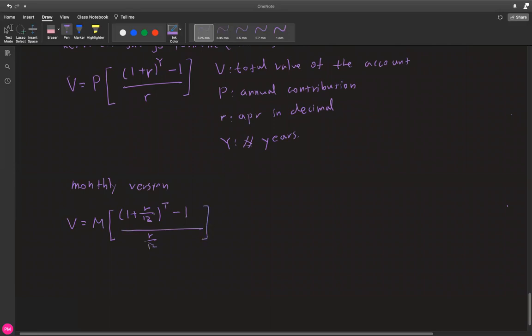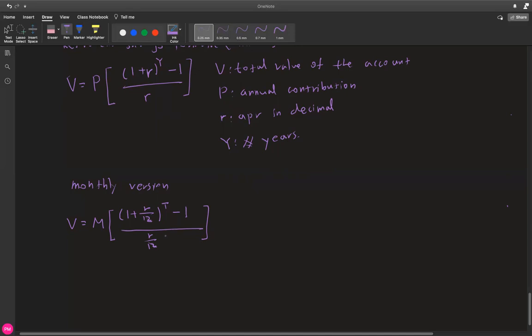So here you can simply write R divided by 12 as just the lowercase p, as periodic interest. I just wrote that because it's a monthly version. We're not going to talk about daily or weekly versions. But this is the type that we use when you're doing monthly investment as opposed to yearly investment.